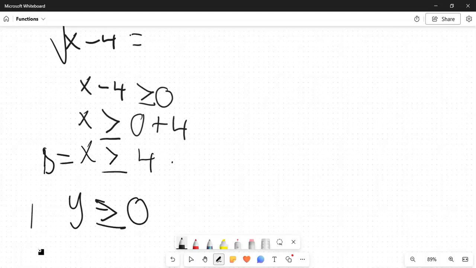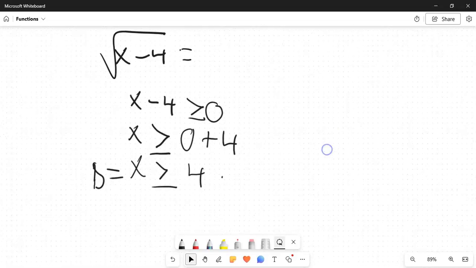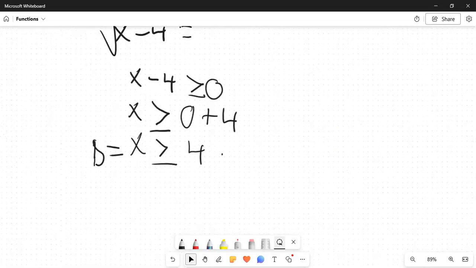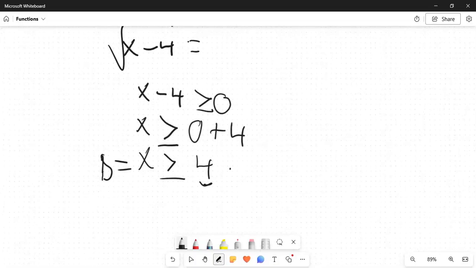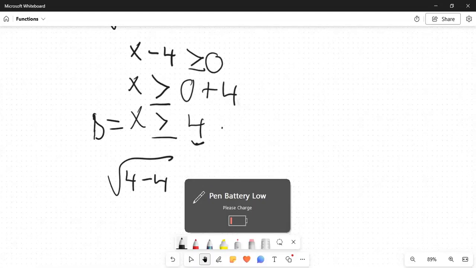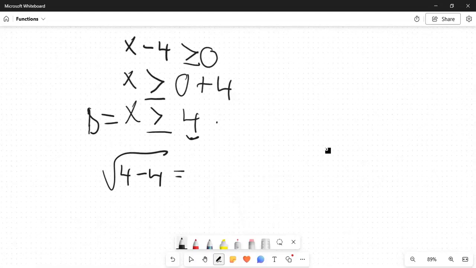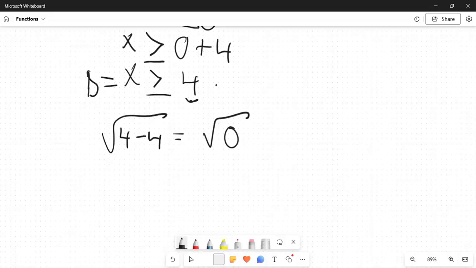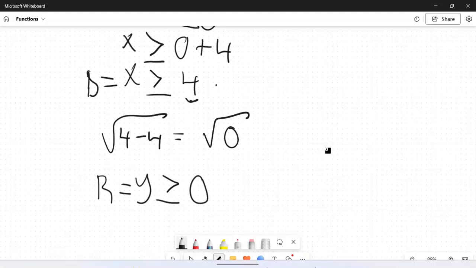To find the range now of this equation, we take this 4 right here and put it in our equation. So 4 minus 4 square root. So 4 minus 4 is equal to 0 as a square root. So the range here are all numbers greater than or equal to 0.